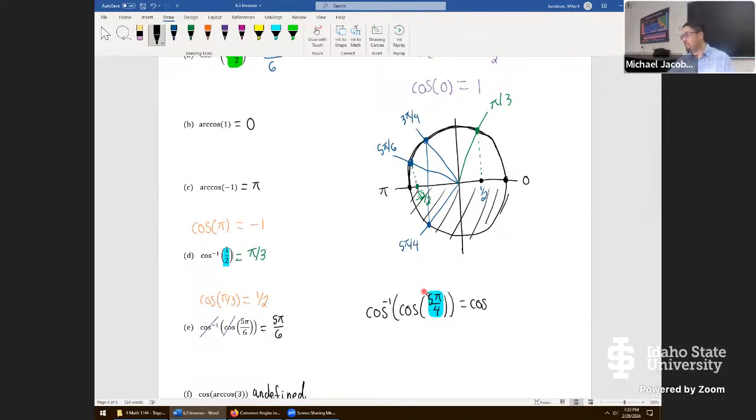It would turn into cosine inverse of cosine at 5pi/4, which we can calculate. We get -√2/2, which is right here. But then cosine inverse of -√2/2, follow the red dot, is that value right at 3pi/4. Again, these ones are pretty tricky, so let's put a star on this one.